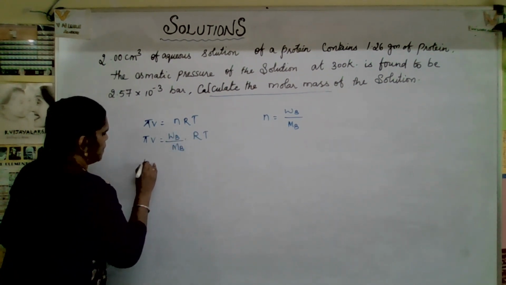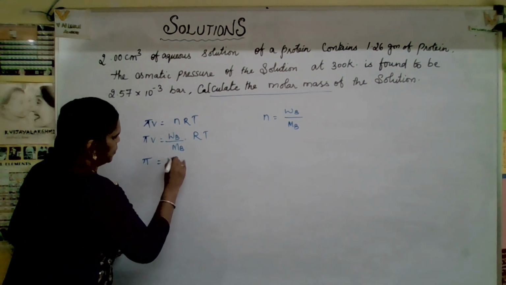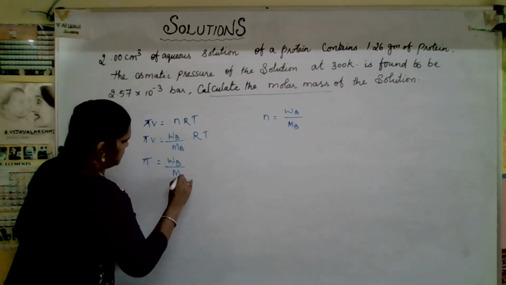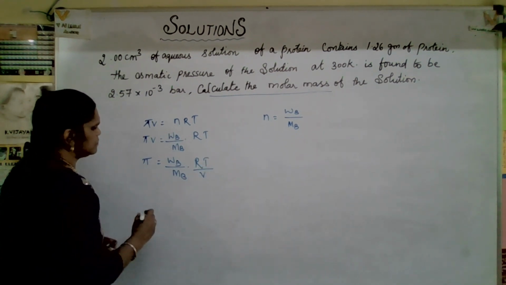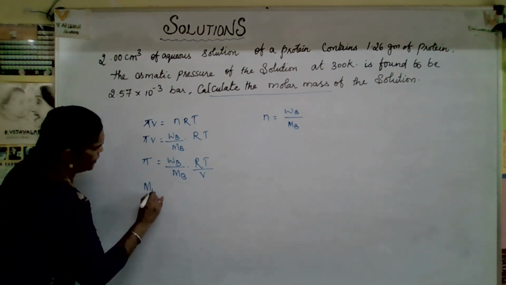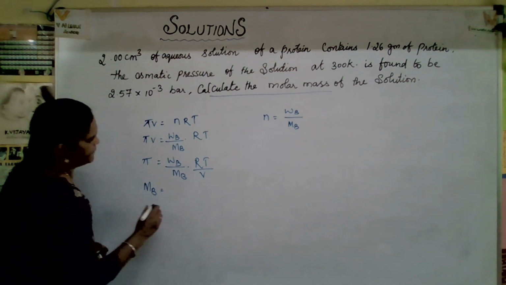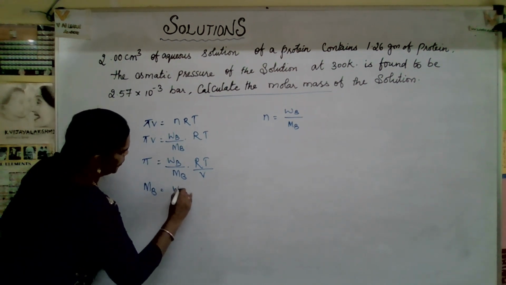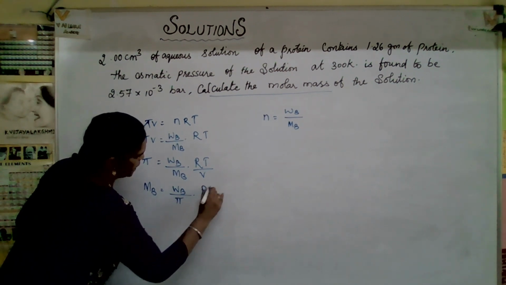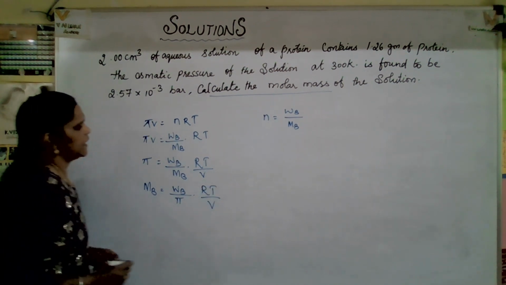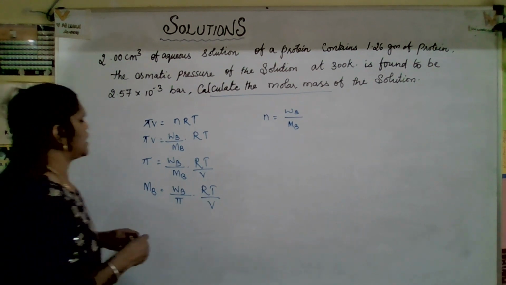Now pi equal to WB by MB into RT by V. So MB only we need, right? MB equal to WB by pi into RT by V. Now let us apply all the values.